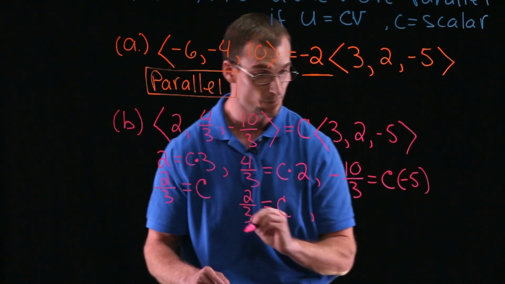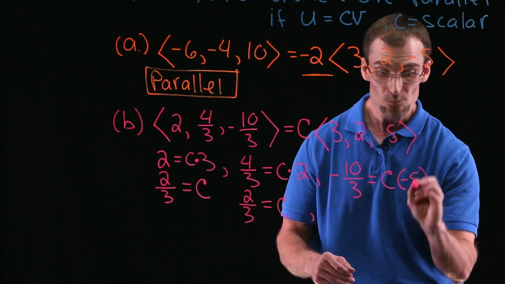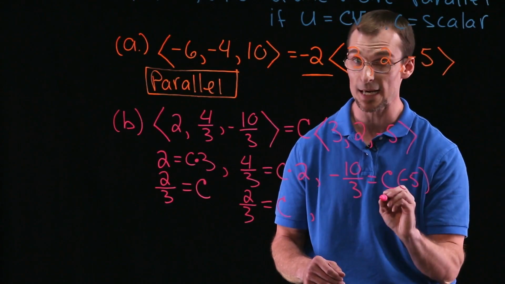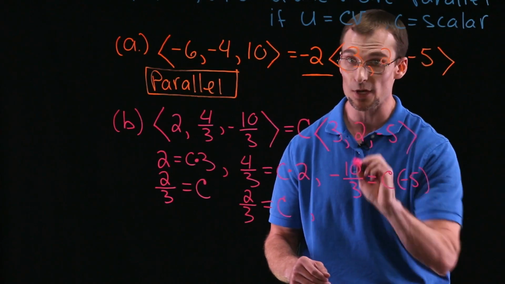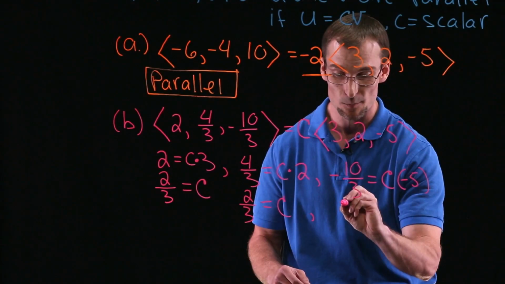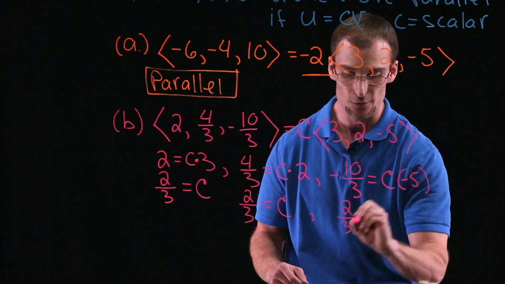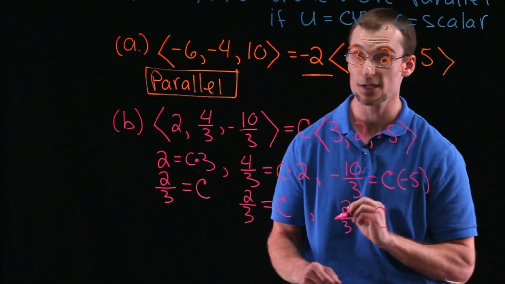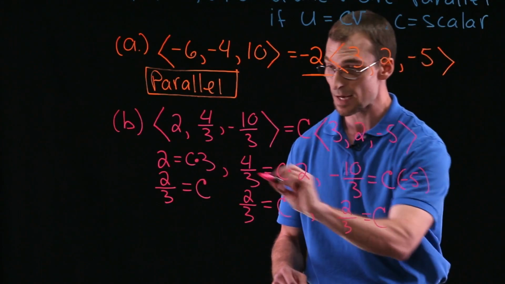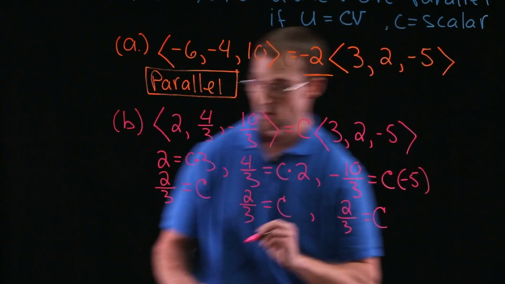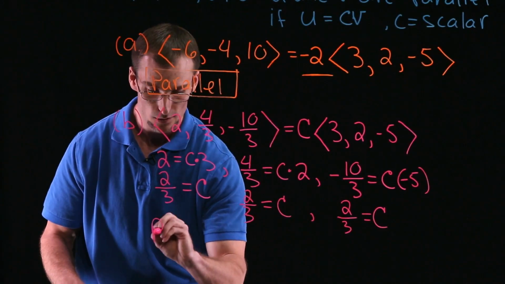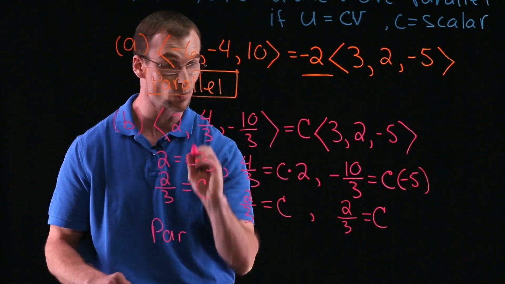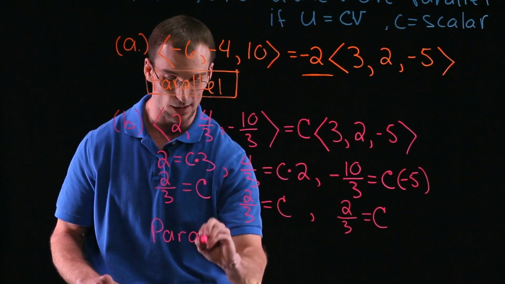So far, so good. And lastly, dividing both sides of this equation by negative 5, we divide the numerator by negative 5, which would give us a positive 2/3, and that's equal to c. So we get the same scalar c for all. So these are scalar multiples of each other, so they are also parallel.